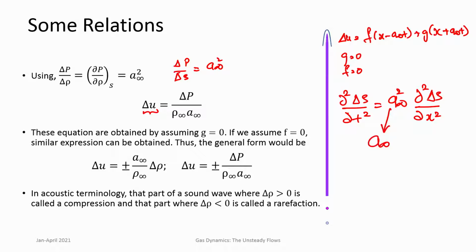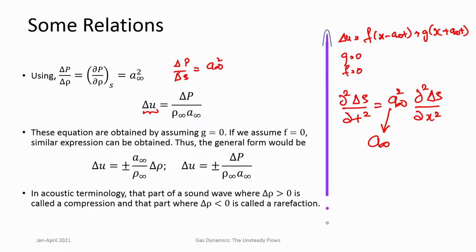So this is the case of infinitesimal waves. When we go to finite waves, we see that the speed of sound is not a constant anymore. It can change from point to point, time to time. That is going to be the additional complexity that comes into the picture.